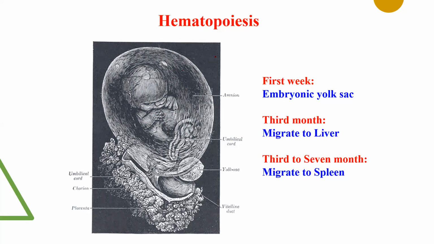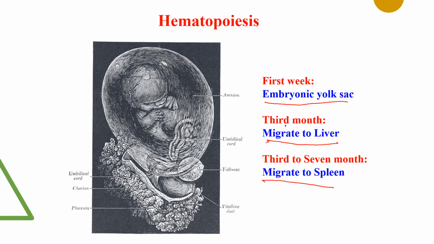But hematopoiesis starts in the early stage itself. In the first week itself, in the embryonic yolk sac, hematopoiesis has started. And then by the third month, the hematopoietic stem cells migrate to the liver. And by the last trimester, they migrate to the spleen.